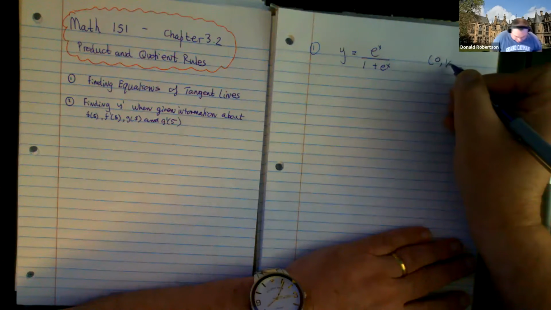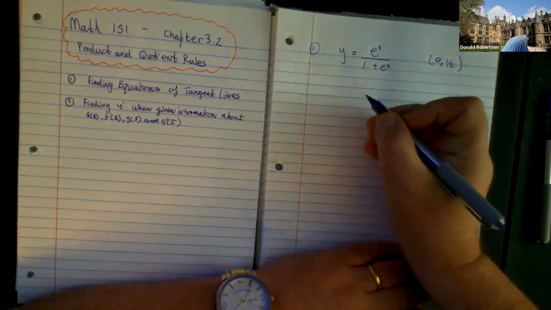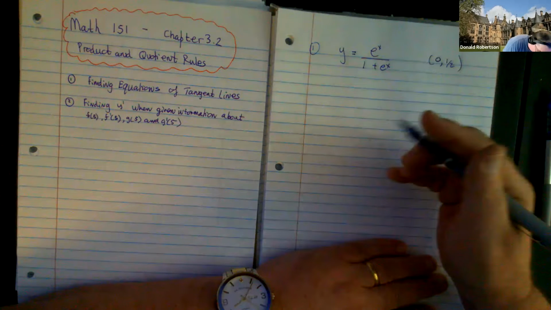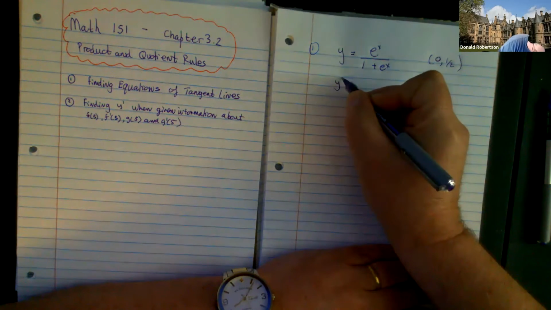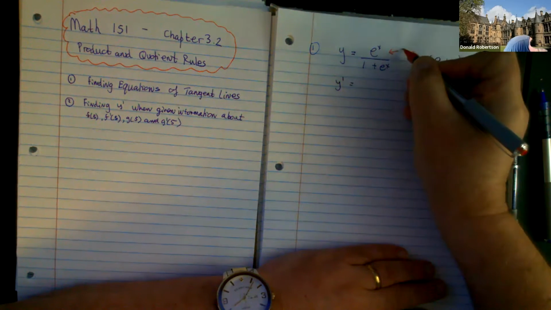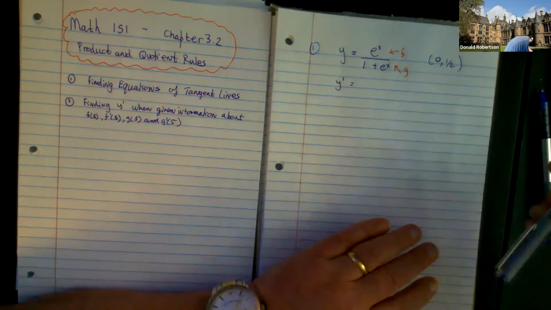Yeah, at 0, 1/2. That's where it would be. Well, the process for finding the equations of tangent lines is pretty standard. You find the derivative. In this particular question, it's not difficult to know when a quotient rule is going to be involved. I mean, you see a fraction, you see a quotient rule.